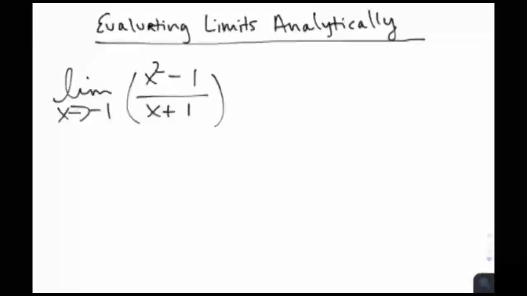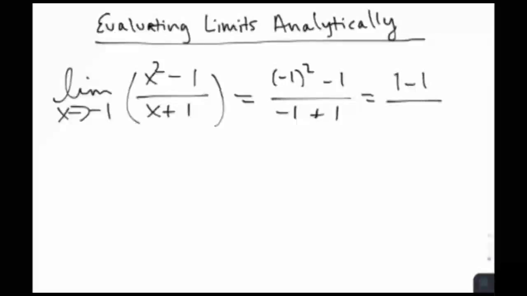We put in -1 squared minus 1 over -1 plus 1. When we square -1, we get a positive 1, and then we subtract the 1 that was already in the problem, and then we get over 0. Let's continue to see what we actually get. We get 0 over 0.